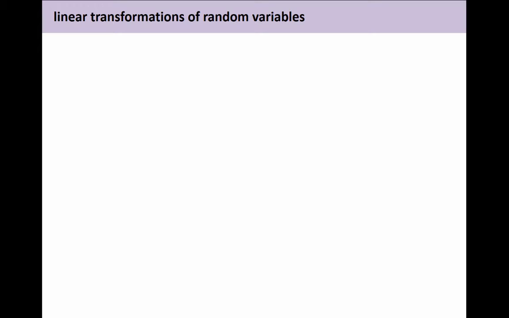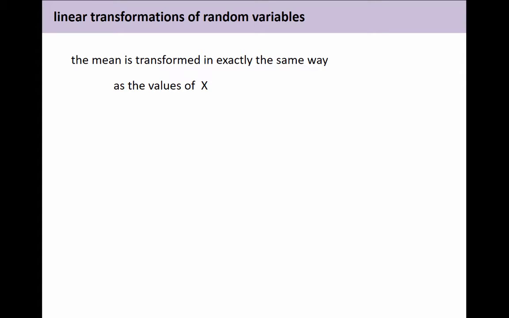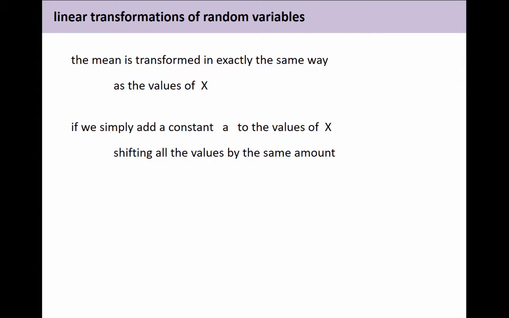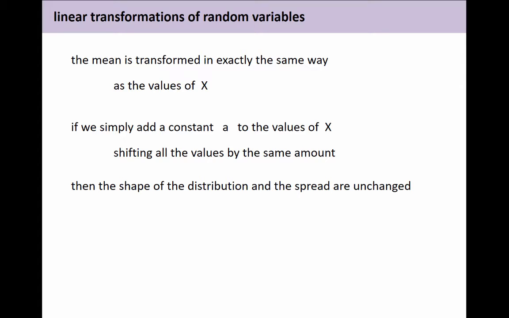So here's a summary of what we've done. These are the results that we're going to use for the rest of the course. The mean is transformed in exactly the same way as the values of x. If we simply add a constant a to the values of x, basically what we're doing is we're shifting all the values by the same amount, and the shape of the distribution and the spread are unchanged. We saw that in the derivation with the variance on the previous slide.